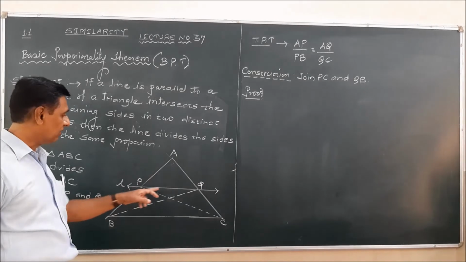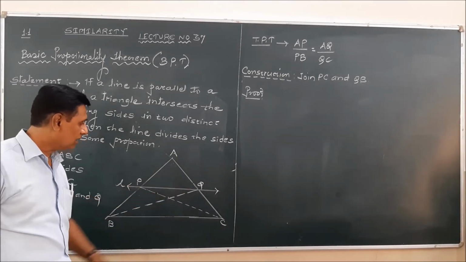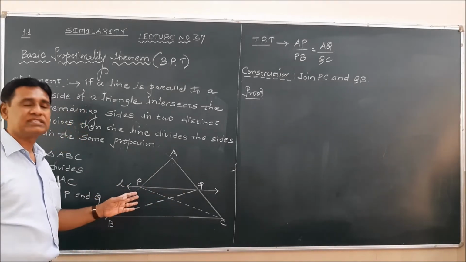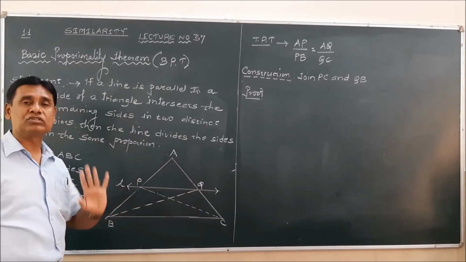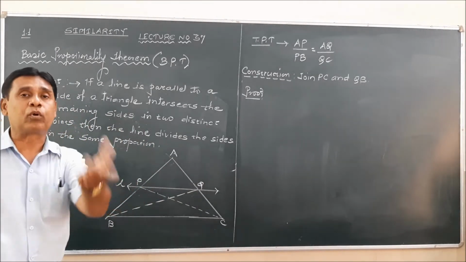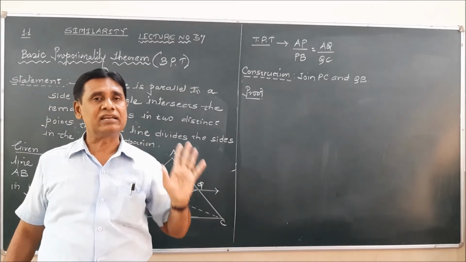So in this case APQ and PQC are drawn from the same vertex P, and therefore their areas will be proportional to their corresponding bases, provided their heights are same.